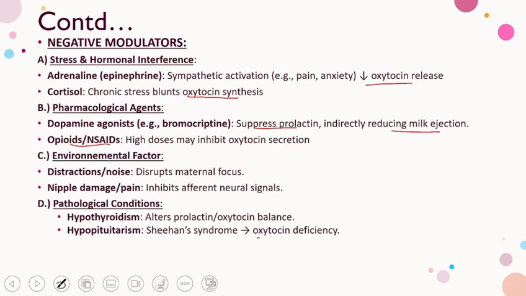There is oxytocin deficiency with hypopituitarism. All the hormones that are secreted from the pituitary gland will be compromised in hypopituitarism. So these pathological conditions can act as negative modulators in the case of milk ejection. And this much.